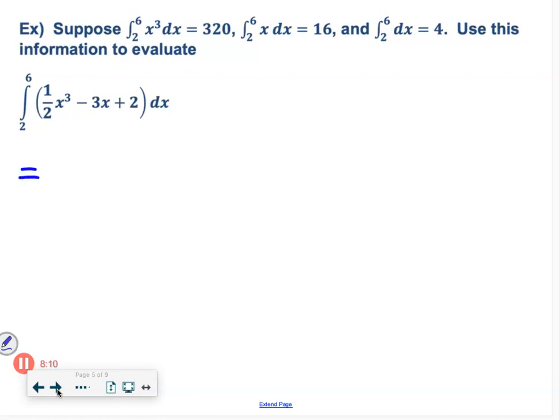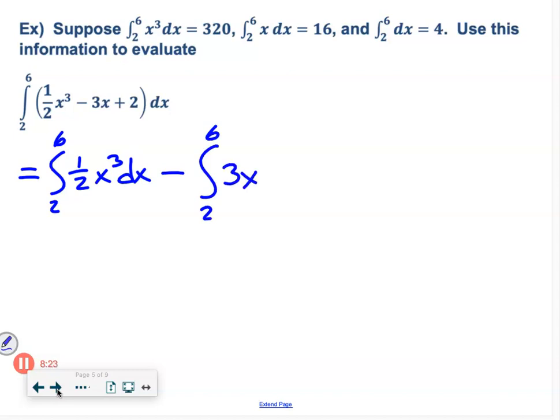Okay, so first thing I'm going to do is break this up into 3 integrals. Okay, now I'm going to put my constants in front.